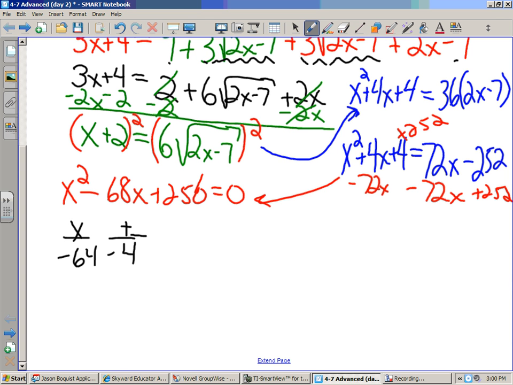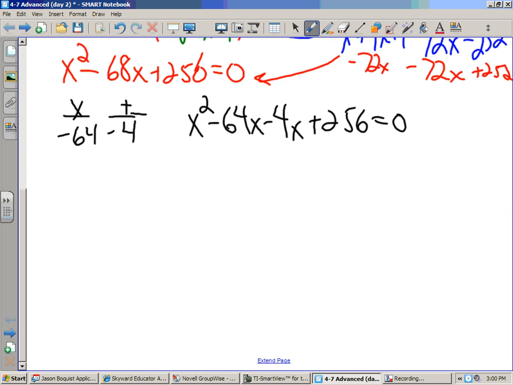Now, what if you couldn't come up with those? You've got to do the quadratic formula. But here we go. So it becomes x squared minus 64x minus 4x plus 256 equals 0. Or again, there is a 1 out front, so you can take the shortcut if you know it. Are you ready? That was missed yesterday by somebody. x minus 64.